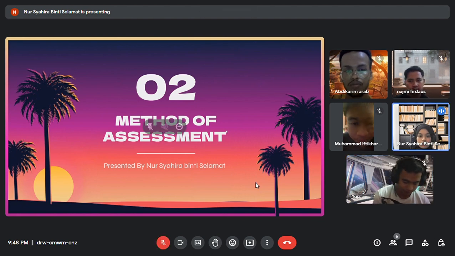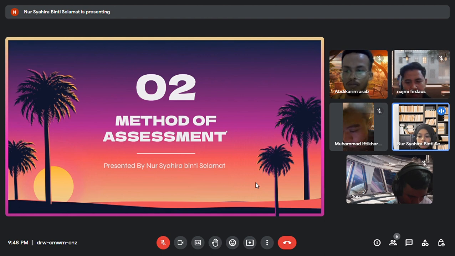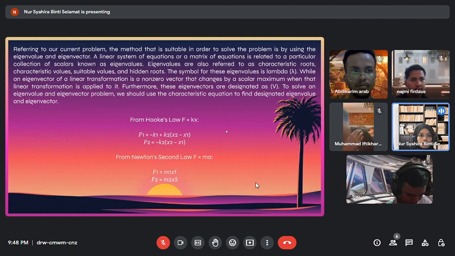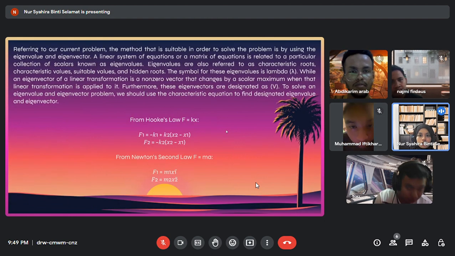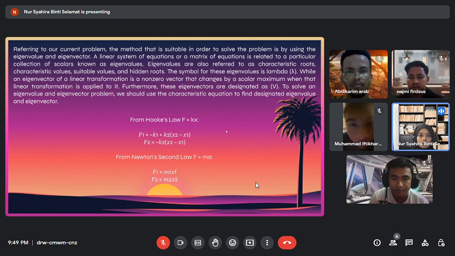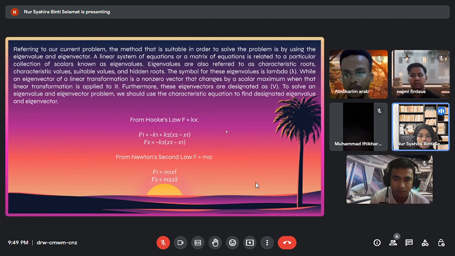Second is the method of assessment, which will be presented by me. Referring to our current problem, the method that is suitable to solve the problem is by using eigenvalue and eigenvector. A linear system of equations or a matrix of equations is related to a particular collection of scalars known as eigenvalues.